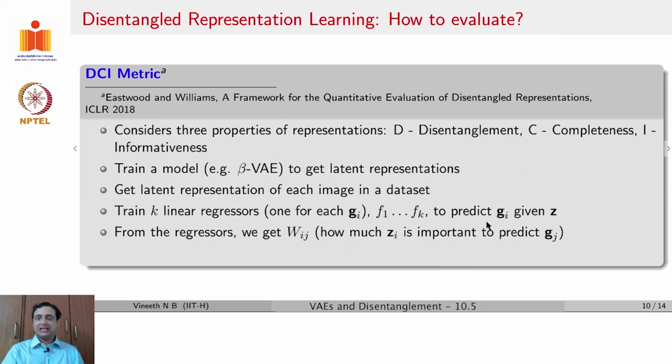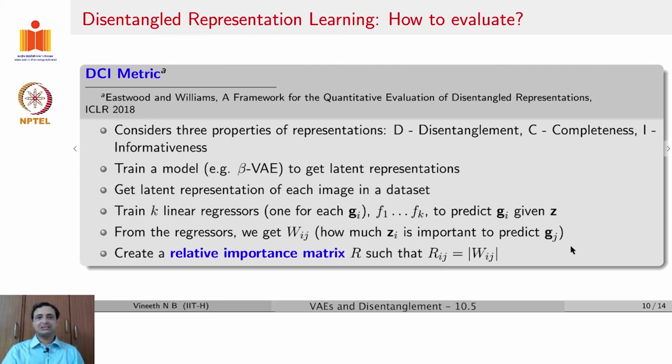Once we train these linear regressors, remember the linear regressor will give you a weighted combination of each of the latent factors. That's what linear regression does. So you would now have an entire matrix Wij which tells us how much a latent factor Zi is important to predict a generative factor Gj.